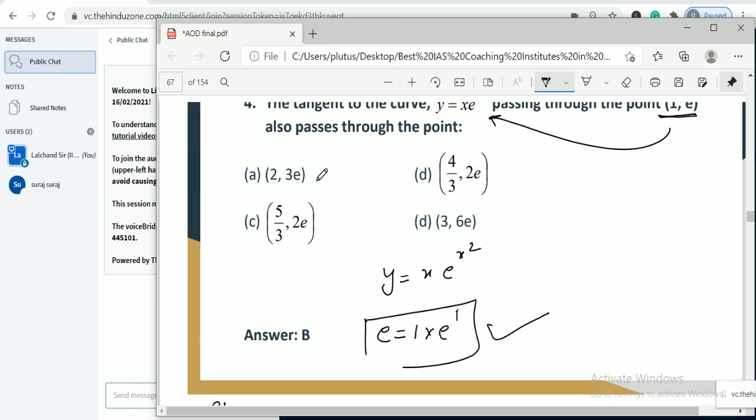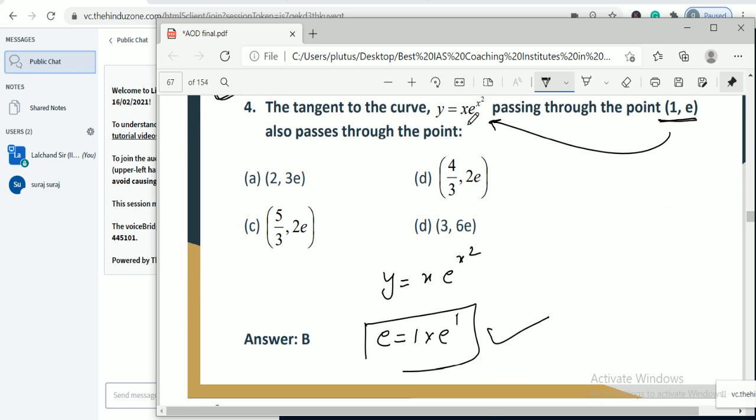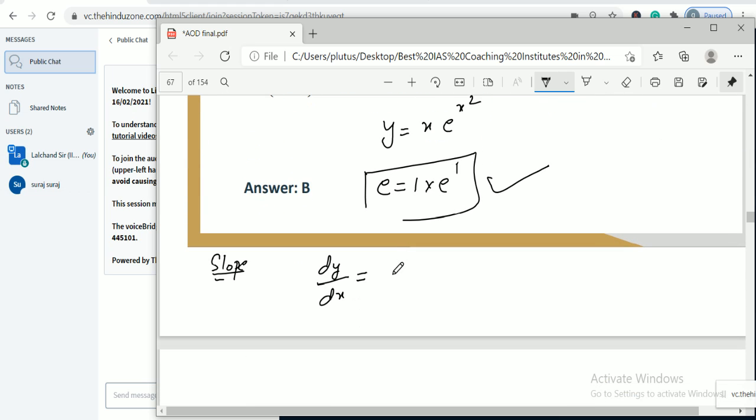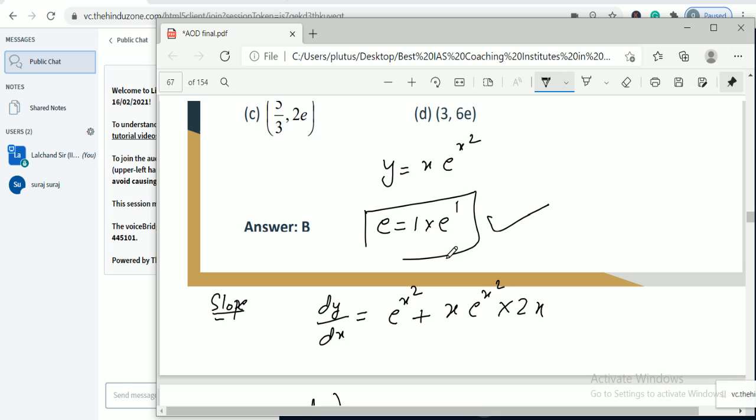For the slope, we need to find dy by dx. So what is the differentiation of this? x is constant, then e to the power x square, plus, then x as it is, e to the power x square into 2x, isn't it? This is the dy by dx. So dy by dx value at, what is the point?